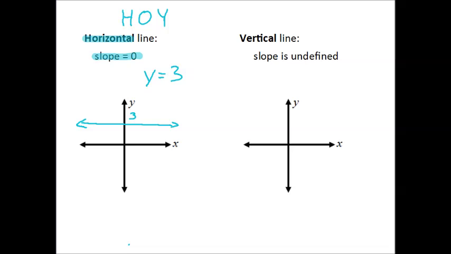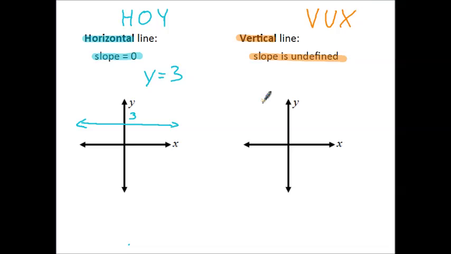And vertical lines. Vertical lines have a slope that is undefined. And again, there's the mnemonic that goes hand in hand with HOI, which is VUX. VUX stands for vertical, U for undefined slope, and now x is the only variable we really care about.